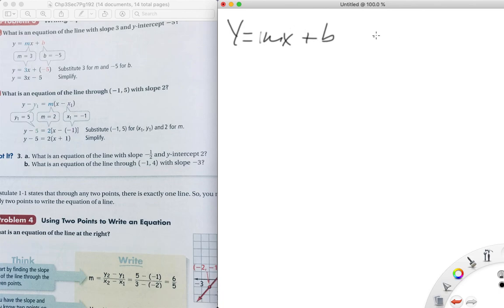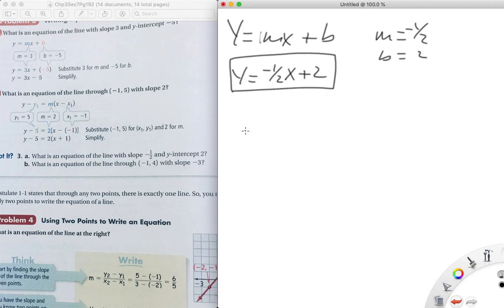If I have a slope of negative 1/2 and a y-intercept of 2, then I can plug it in. So my equation is going to be y equals negative 1/2 x plus 2. That would be my equation.